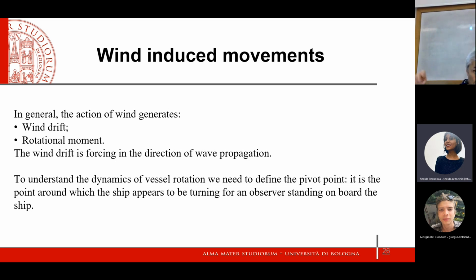Now, given these components of the wind force, we have to move forward to the computation of the mooring forces, which means now passing on to the ship side, taking into account the position of the spring lines, and this is why we discussed the spring lines, taking into account their slope, their inclination in the vertical direction and in the horizontal direction, taking into account the position of the chocks, taking into account the elasticity of the spring lines, and then computing the mooring forces.